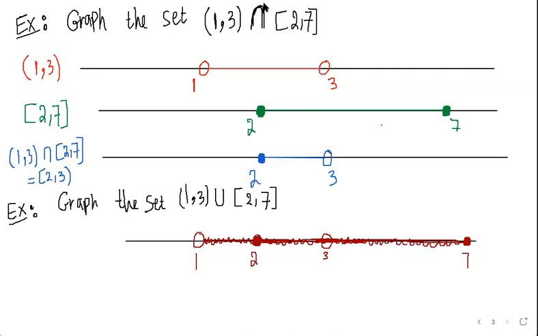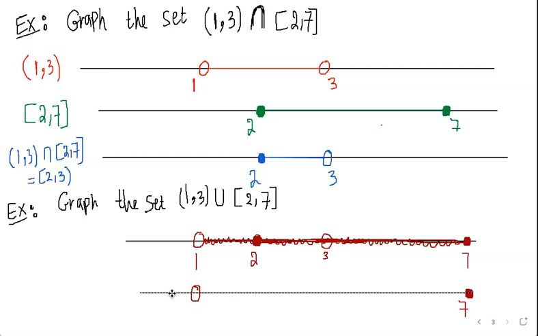So if I need to graph this one again as a final answer, it will be from 1, here's 1, to 7, here's 7. At 1 is an open circle, and at 7 is a closed circle.